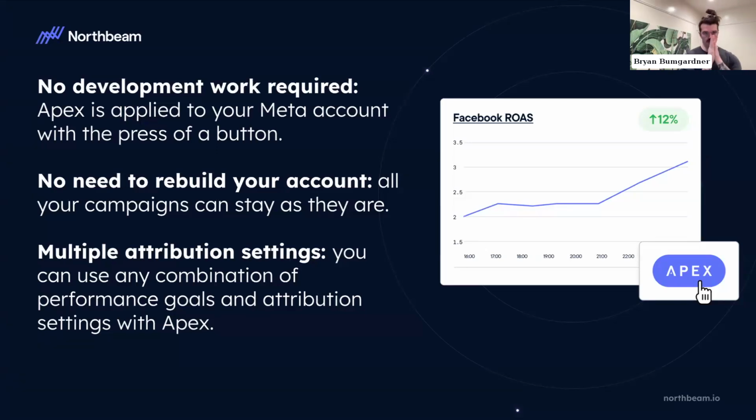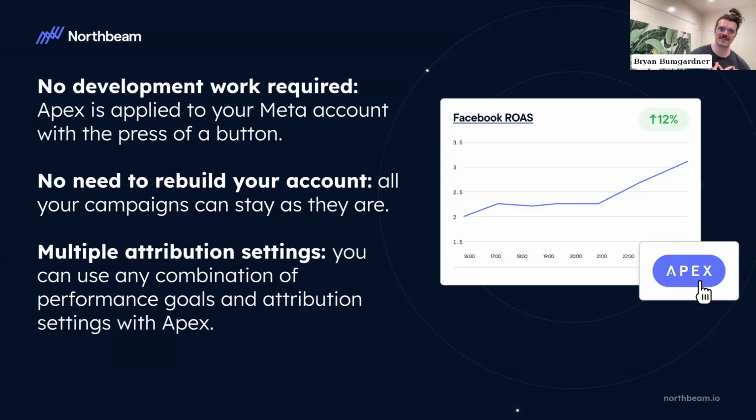But what will happen is you'll cross a threshold where all of a sudden the way your ads are trafficked is going to be different. This means that you can use any attribution settings. You can do whatever you want to your ad accounts. But it does mean that there's not really any additional work required, which to me as a marketer is amazing, because I get to reap the benefits of this on my account without having to do any additional work.